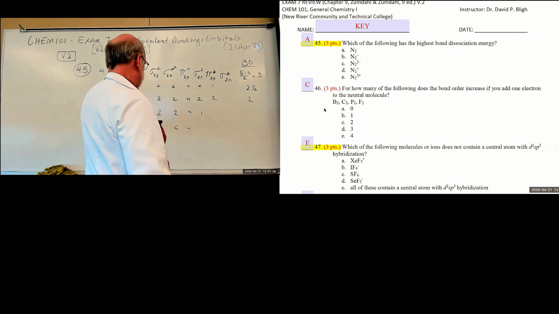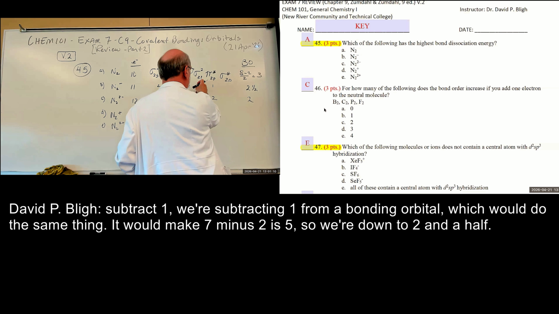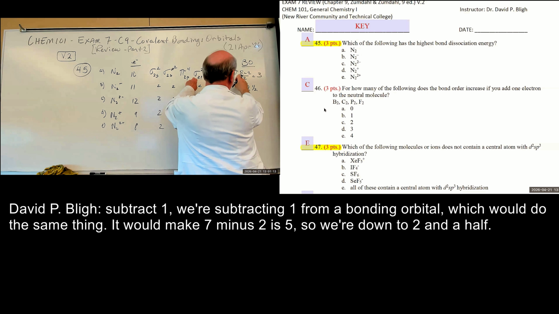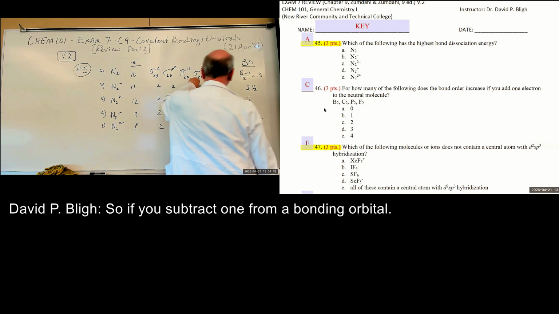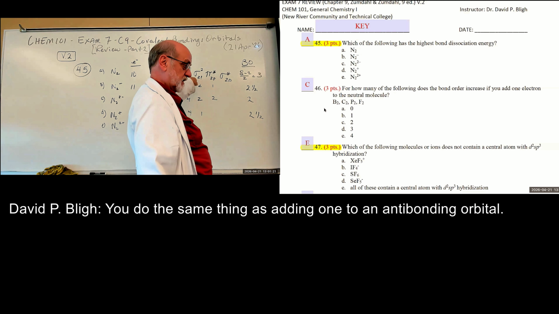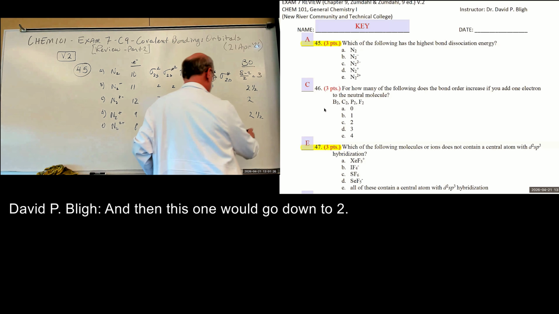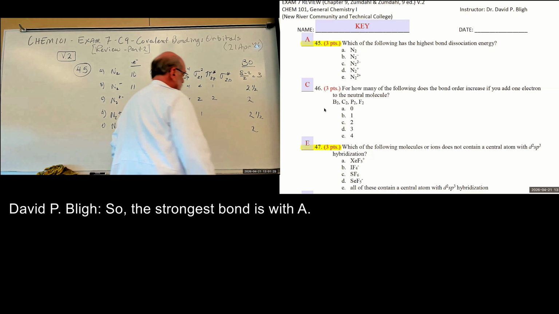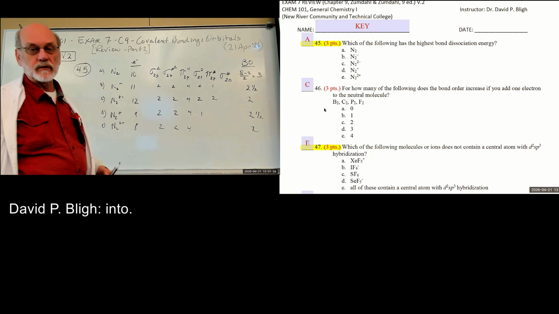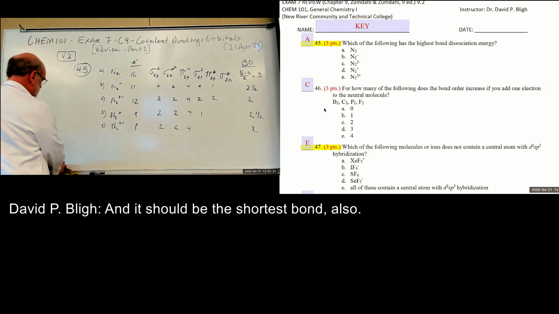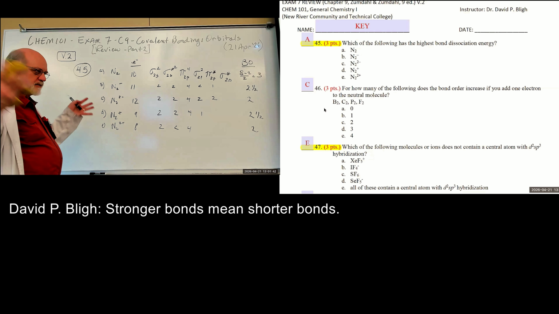Then if we subtract 1, we're subtracting 1 from a bonding orbital, which would do the same thing. It would make 7 minus 2 is 5, so we're down to 2.5. So if you subtract 1 from a bonding orbital, you do the same thing as adding 1 to an antibonding orbital. And then this one would go down to 2. So the strongest bond is with A, N2. And it should be the shortest bond also. Stronger bonds mean shorter bonds.